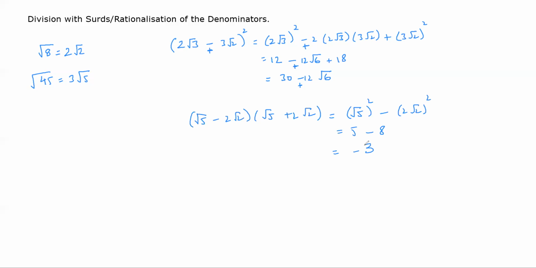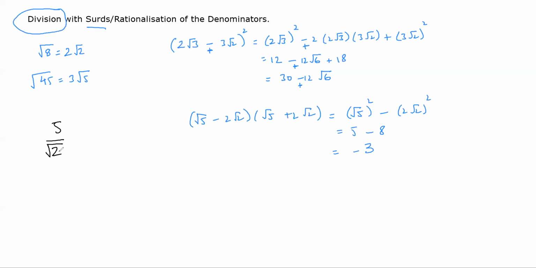Now we have to look at the cases where we have to go for division, okay, and where our divisor might be a surd. Just to start with, let's take an example of 5 over under root 2. We have to divide 5 by under root 2.